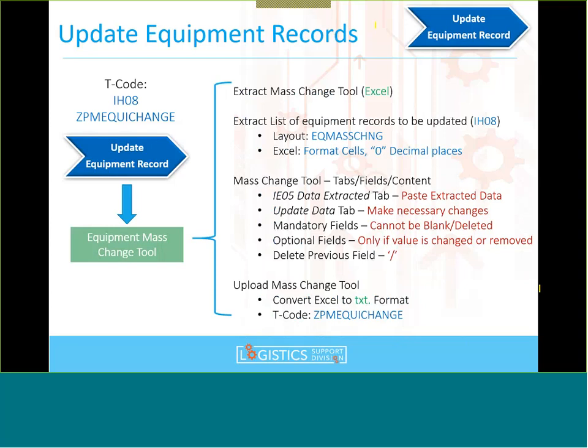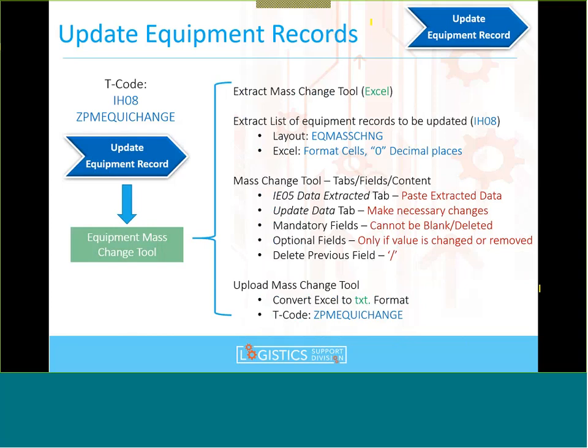So the process is something that we may be a little more familiar with than the ones we've been seeing in session 1 and session 2, because if I'm not mistaken, during GDP, especially cycle 2, when we were training on the equipment update, we directly went to the mass change tool. We didn't load the discrepancies or pull reports on last discrepancies.